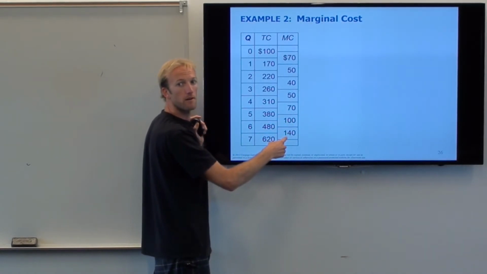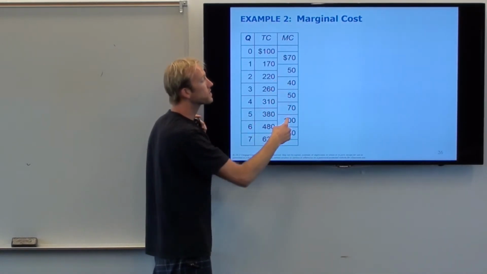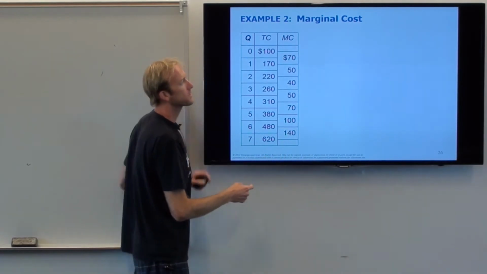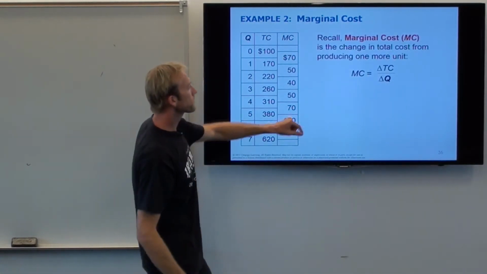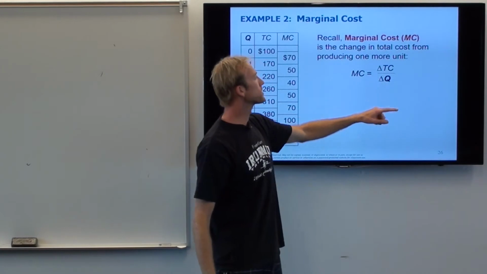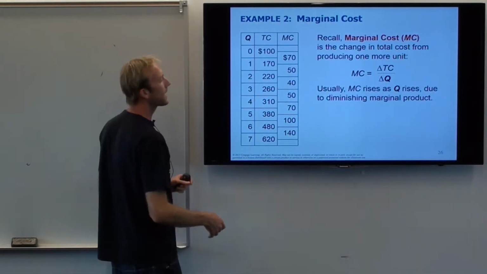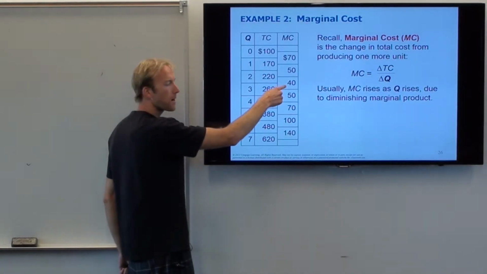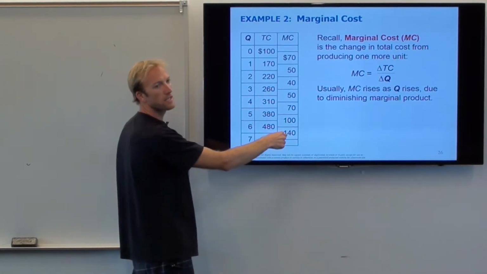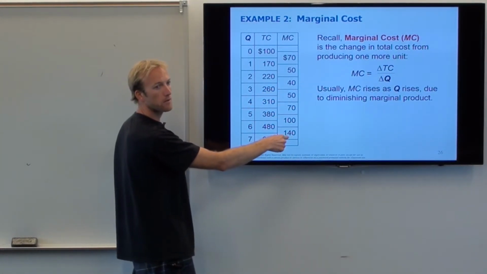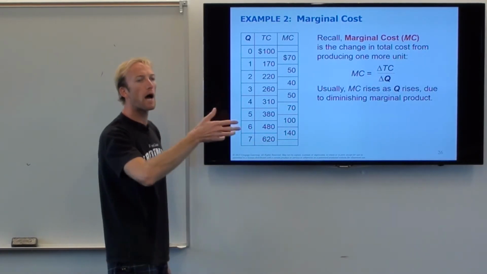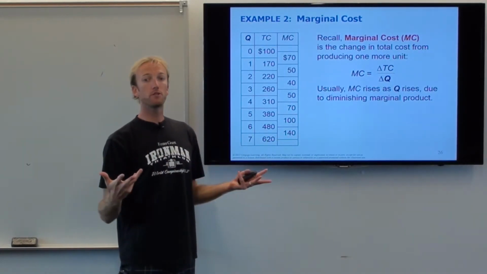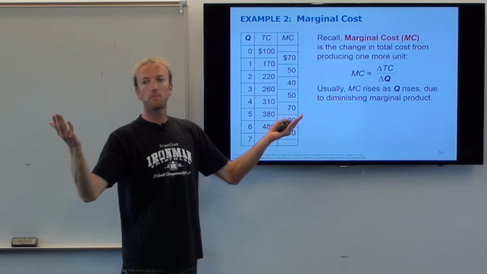But then what do you notice about the costs? They start getting very high, right? This is a function you almost always see of marginal costs. So we take the change in total cost over the change in quantity, and it might go down a little bit at the beginning, common, but almost always it starts getting really high, out of control, right? And this is why firms can't produce an infinite number of quantities, right?